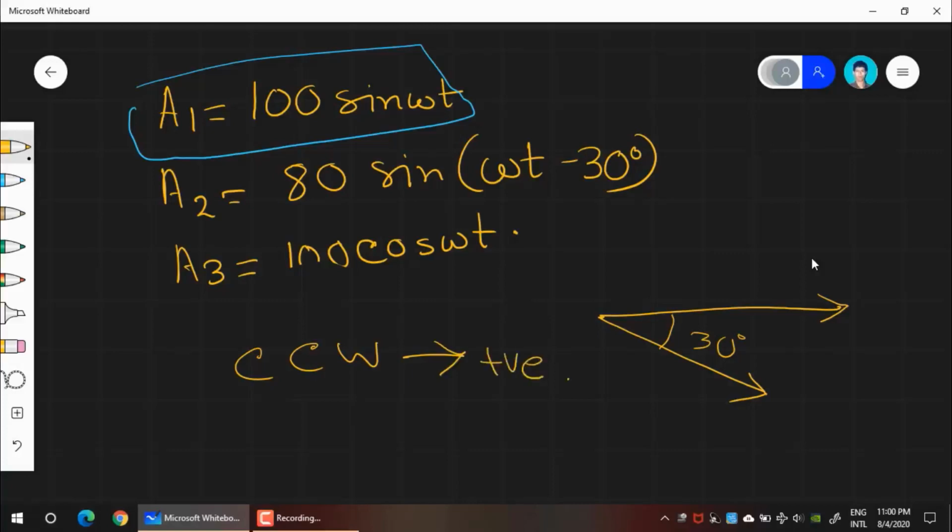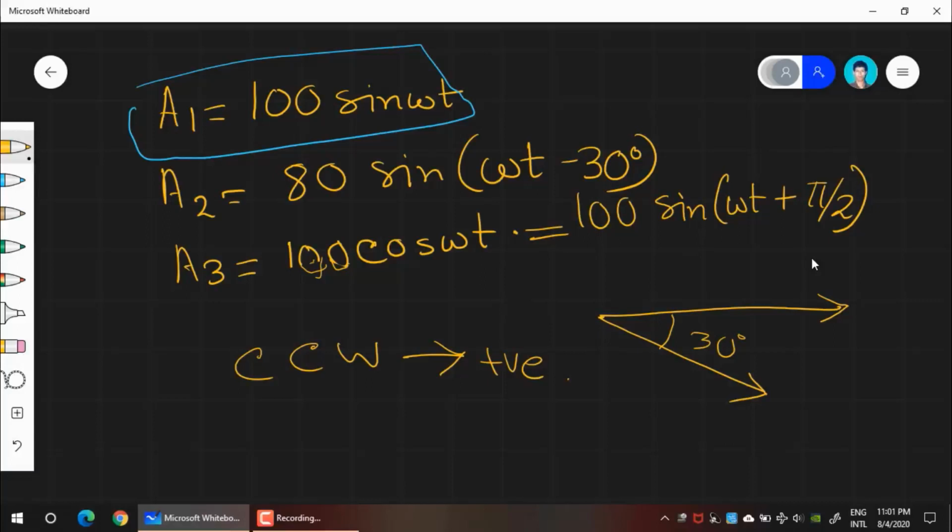Fine. Now here the issue is that we have to plot this third signal, 100 cos omega t. How to plot? See, this 100 cos omega t, we can write it like 100 sine omega t plus pi by 2.